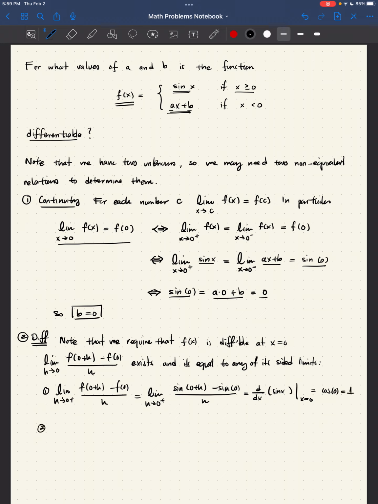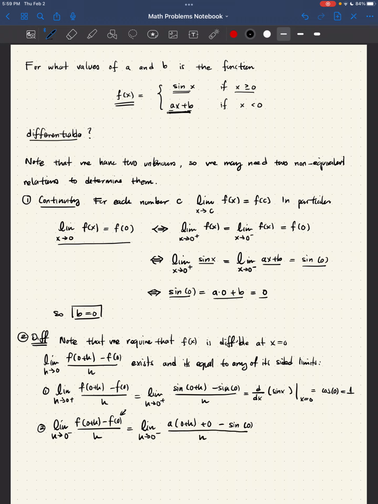The second indicates that the limit as h tends to 0 from the left of the same expression as the one above should be equal to the limit as h tends to 0 from the left of, well, let's see, we're taking smaller values approaching from the left, so we should use this expression, which is a times 0 plus h plus 0, because now we unveiled that b is 0, minus the sine of 0, which is the actual value of the function at 0, over h.